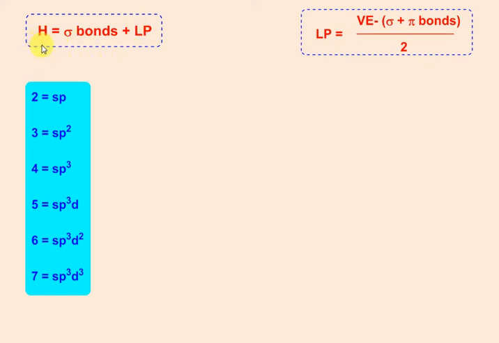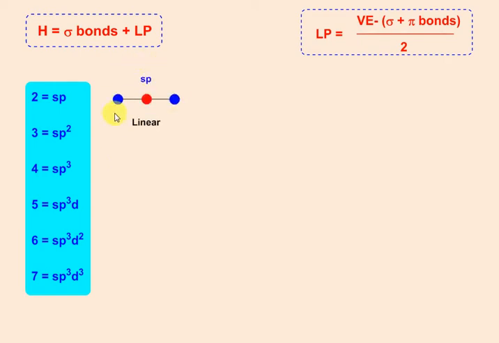The answers from the hybridization formula are like this: 2, 3, 4, 5, 6, 7. If the answer is 2, hybridization is sp. For 3, it is sp2; 4, sp3; 5, sp3d; 6, sp3d2; 7, sp3d3. So, by knowing the proper answer, you can predict the hybridization of the molecules.